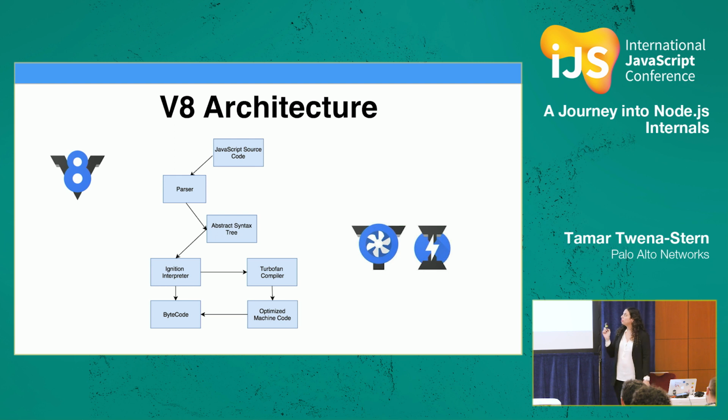So the JavaScript source code is being parsed. The result of that parser is an AST, an abstract syntax tree, and that abstract syntax tree arrives at an interpreter called Ignition. The Ignition interpreter starts to run the AST, and there is a detection of hot code.